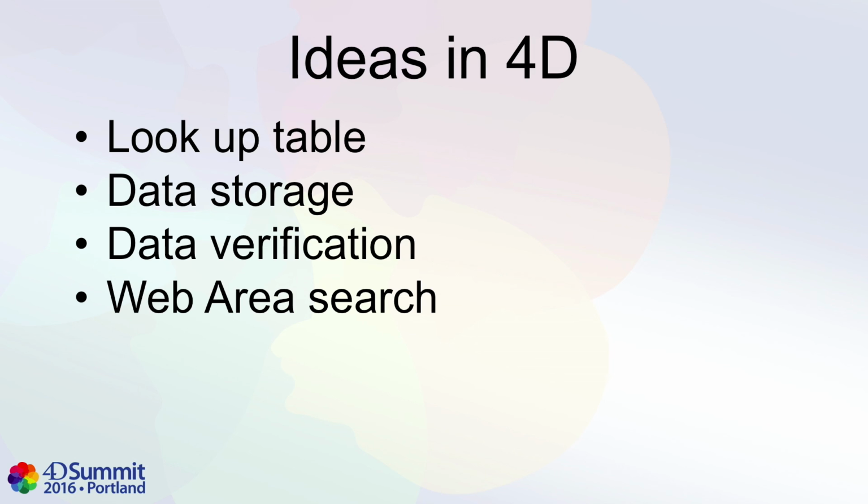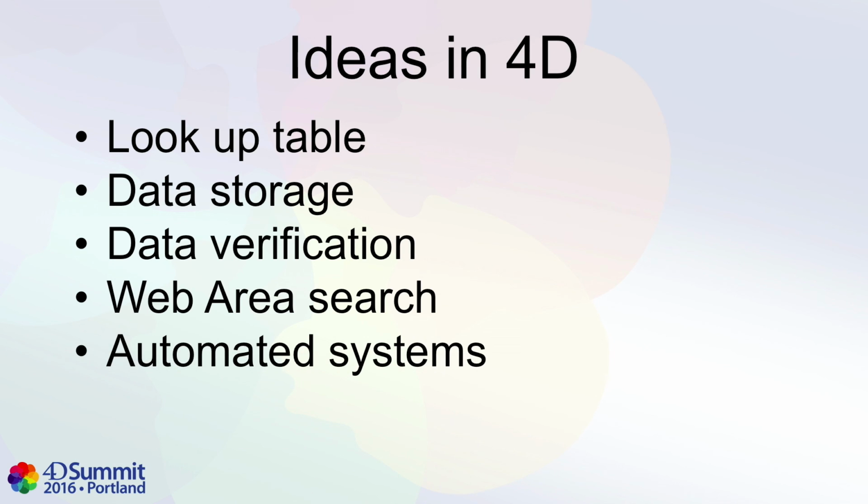If, for instance, you wanted to do a quick search instead of using the API that I demoed, that's another option of just using the web area. All you would try to do is make as much of your system automated for these kind of HID devices. That's just an idea.